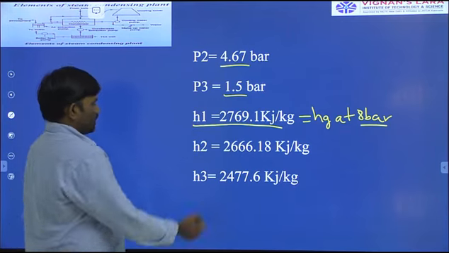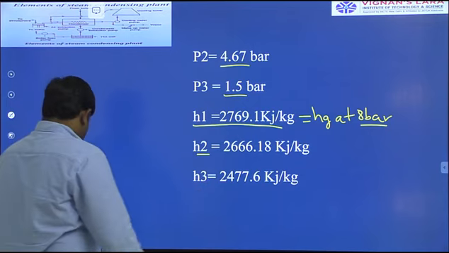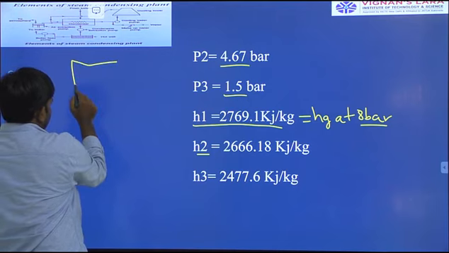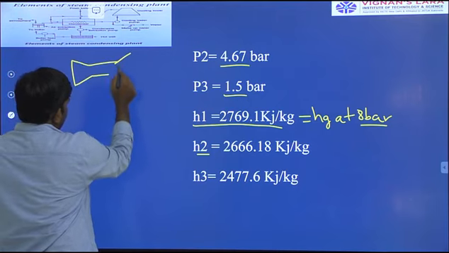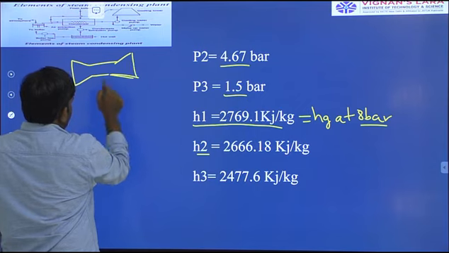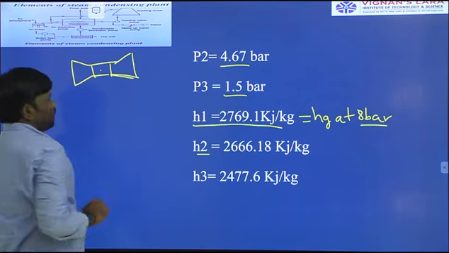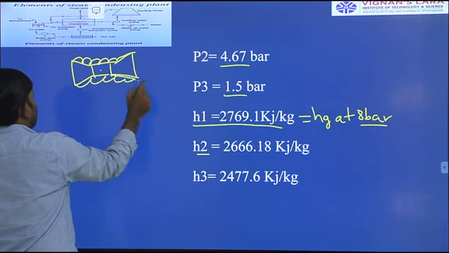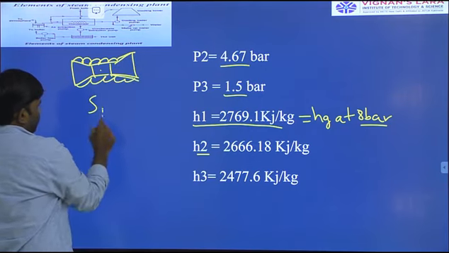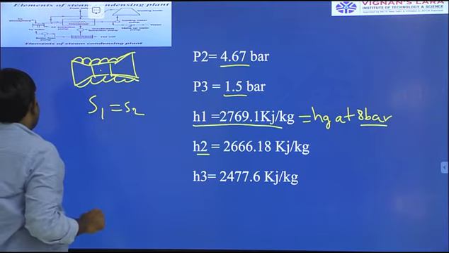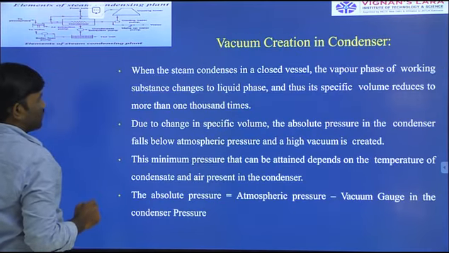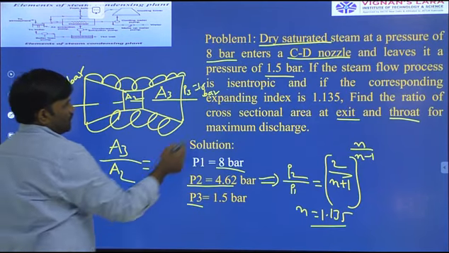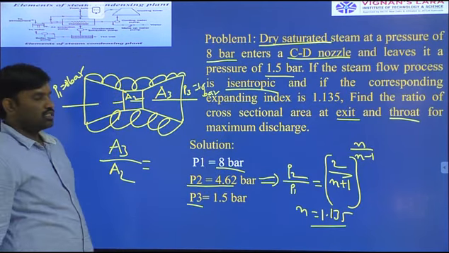Coming to the H2 value, at the throat section we are expecting a dryness fraction. That dryness fraction we have to find by applying the constant entropy relation. The problem also mentions that the expansion is isentropic inside the steam nozzle.